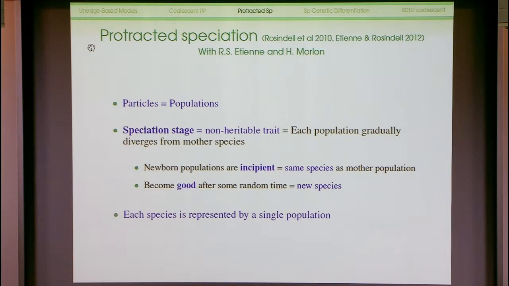So the newborn populations are in stage 1, they are incipient, so they represent the same species as the mother population. So you have this cloud of populations for each single species, and they become good after some random time, which is now a new species. You have a new population, which is in the stage good, which is now a new species.